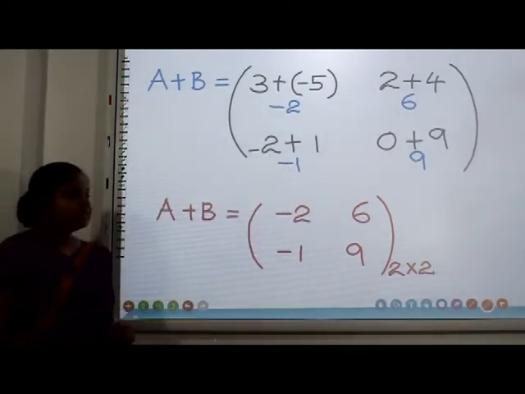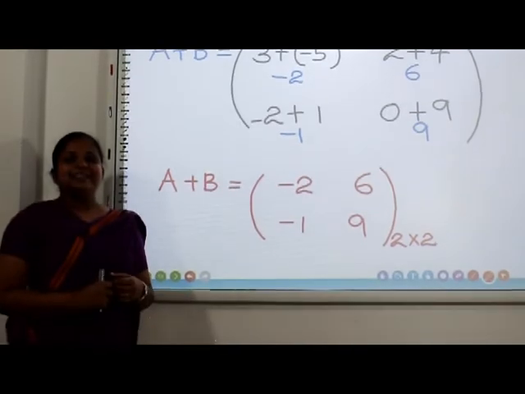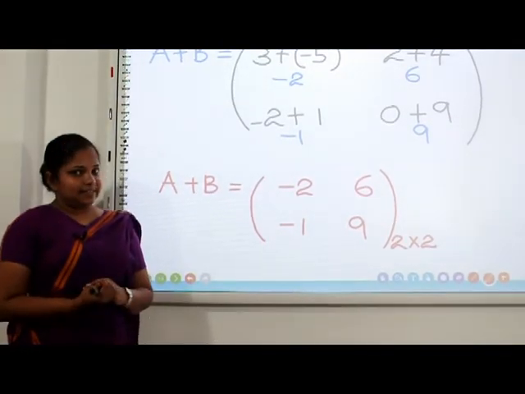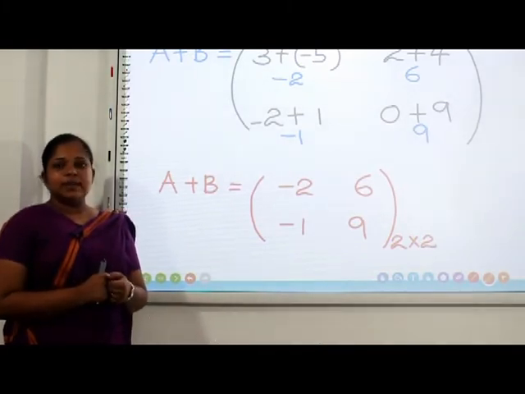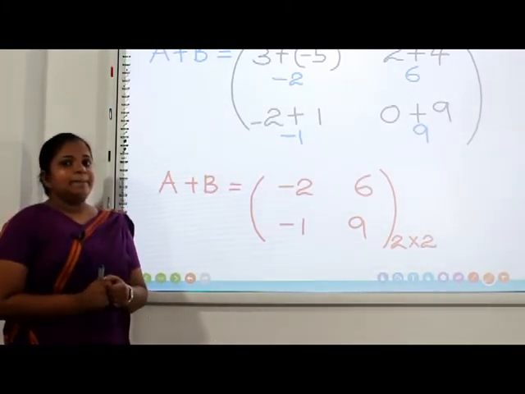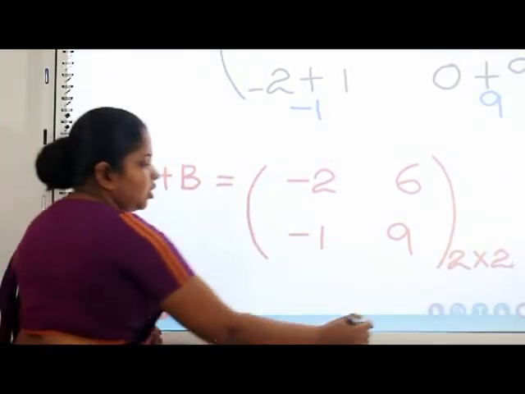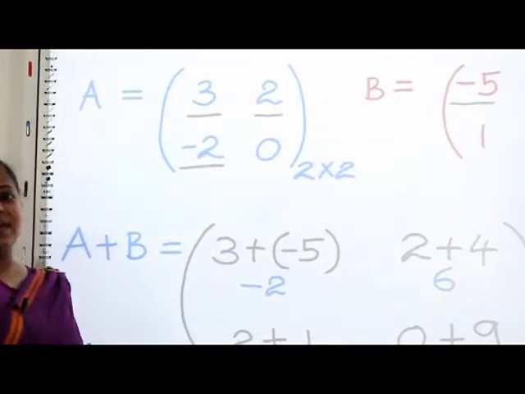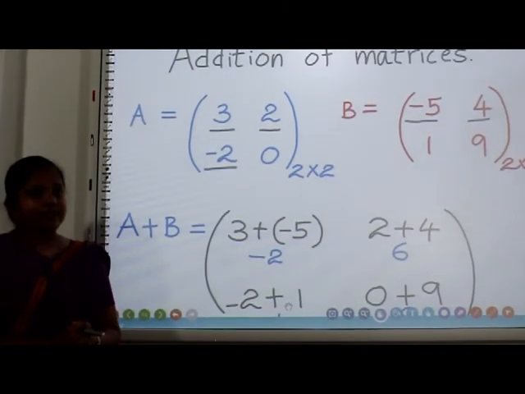Now, this is the way you add two matrices. That means you just have to add the corresponding elements of the two matrices. Now, what will happen if the orders are different?